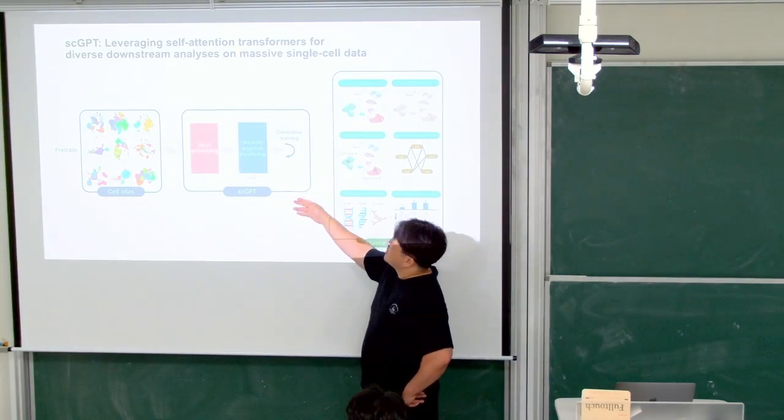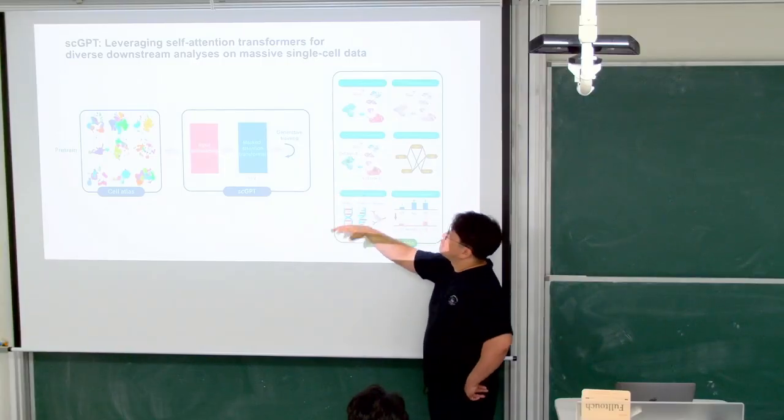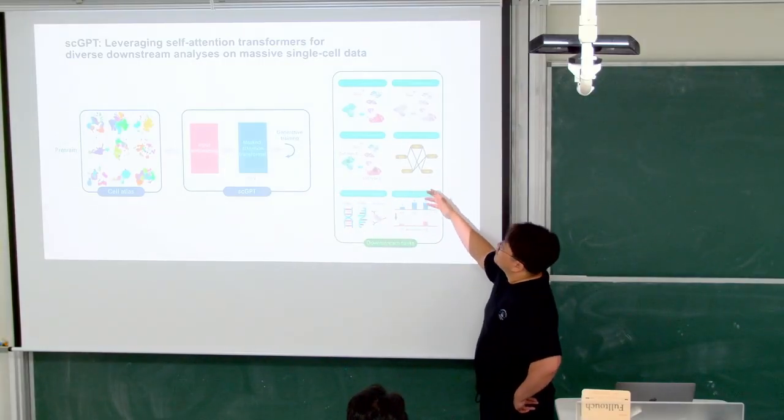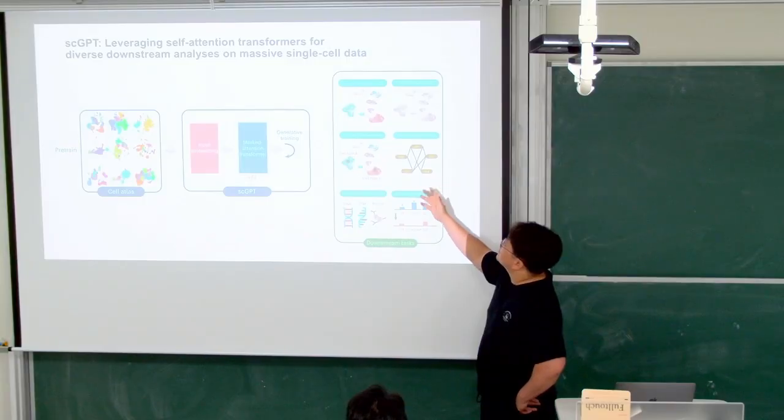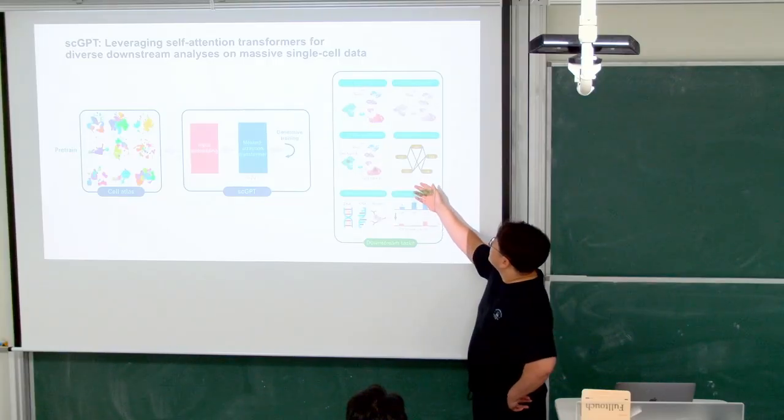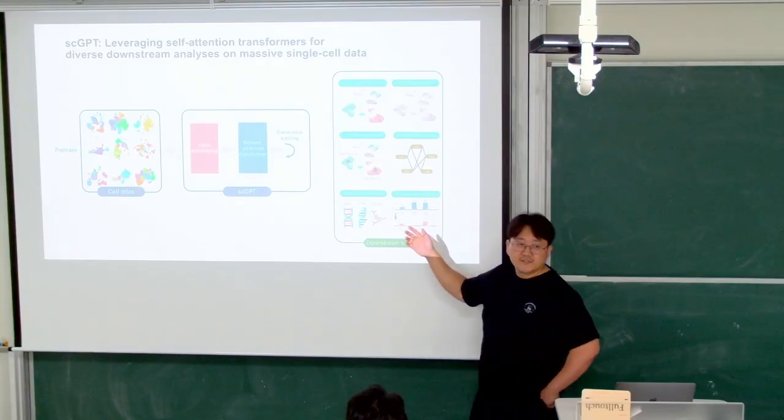Using this architecture, this model can perform diverse downstream tasks, such as clustering or inferring gene networks.